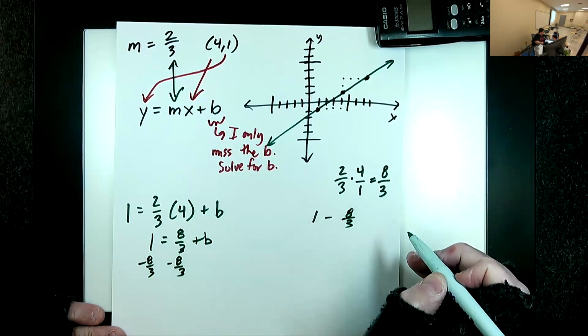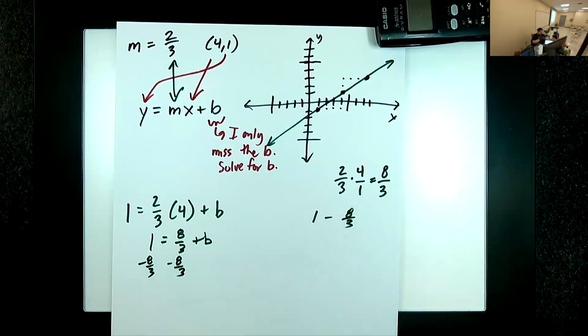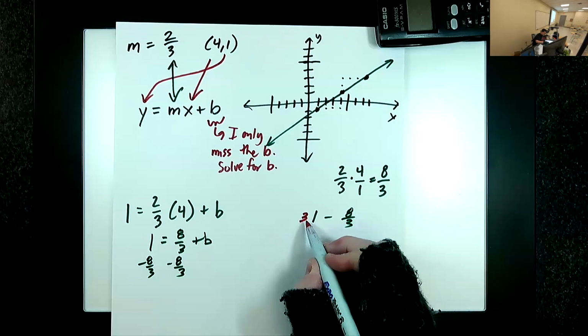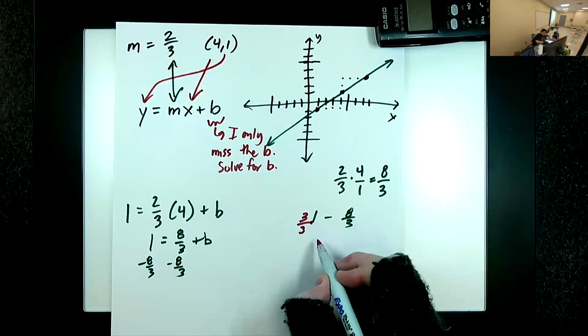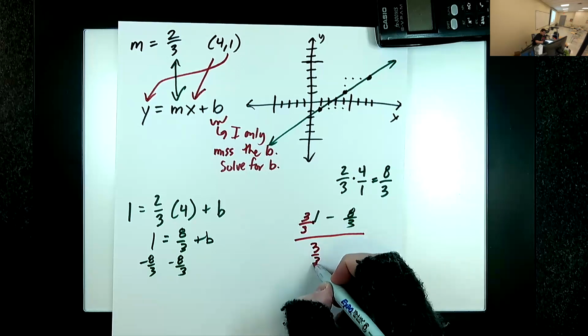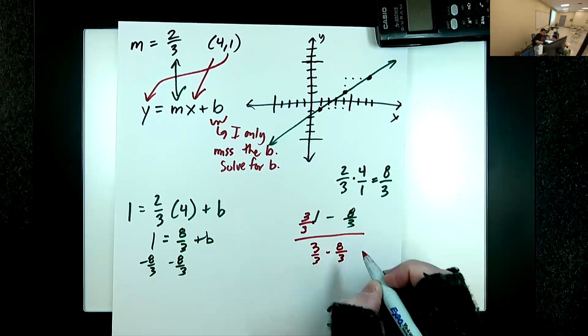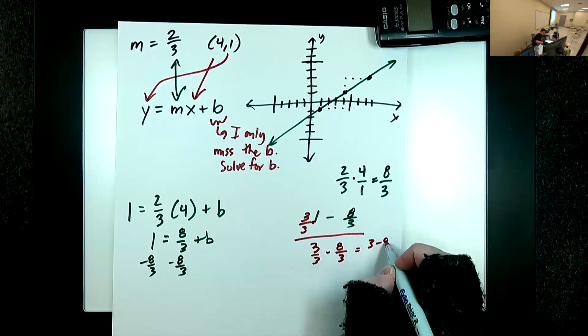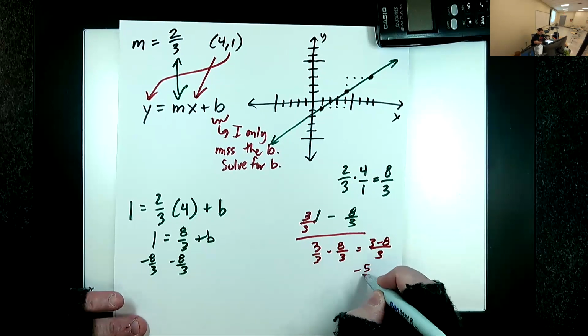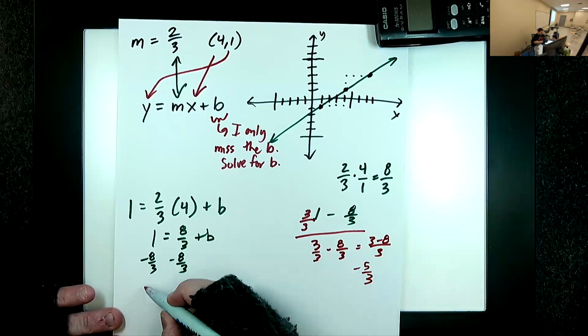The only way we subtract fractions is if we get a common denominator. The denominator of the fraction is 3, so if I multiply 1 by 3/3, I get 3/3 minus 8/3, which is 3 minus 8 over 3, which is -5/3. So I will have -5/3 equals b.